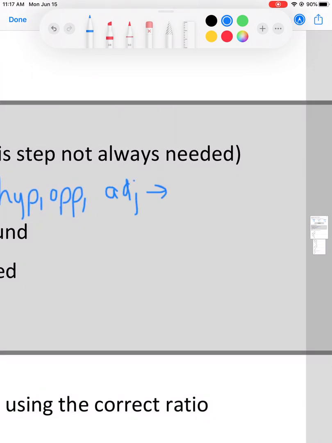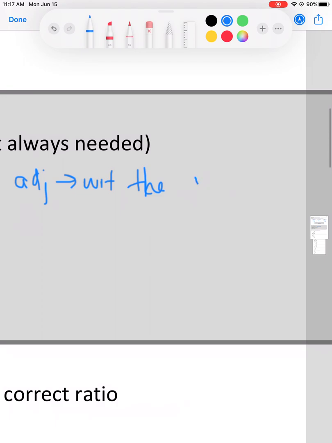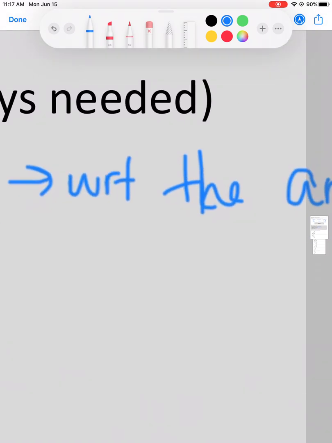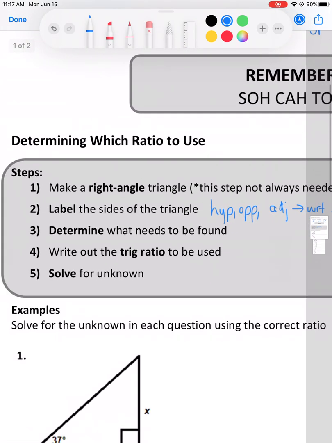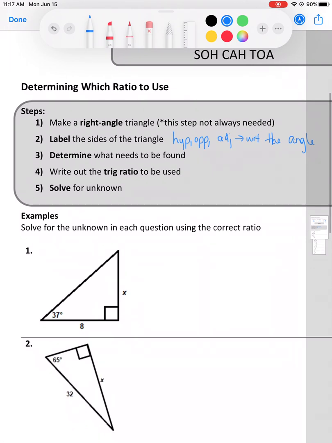Remember, it's always with respect to the angle in question. Determine what needs to be found. Then find the right trig ratio and solve for the unknown.